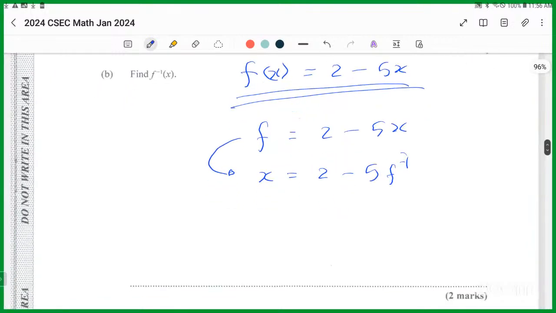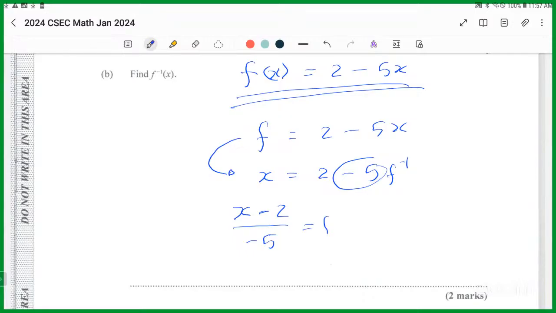Then to make f to the minus 1 the subject, we can transpose everything away from it. We can carry over the 2 first and then take this negative 5 and divide it under. Simple. So we're going to get x, carry over the 2, get minus 2, then take this negative 5 and divide it under. Divided by that negative 5.